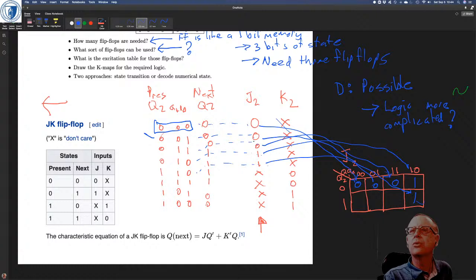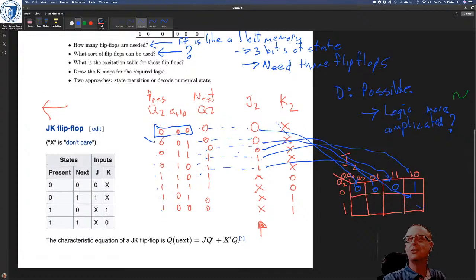I've got too many boxes here, too many numbers. Oh, drat. Why have I got it, 1, 2, 3, 4, 5, 6, 7, 8? For some reason I've got too many things here. Let's just go back, I apologize.